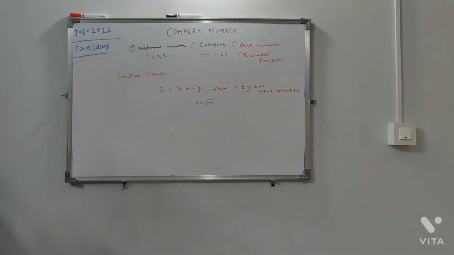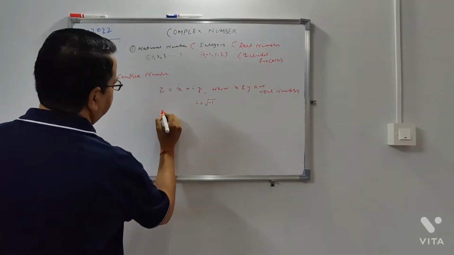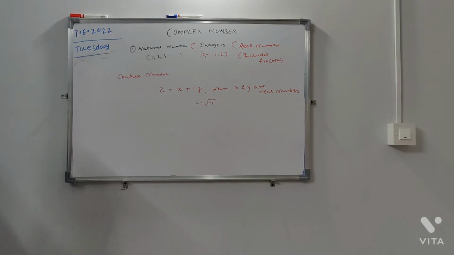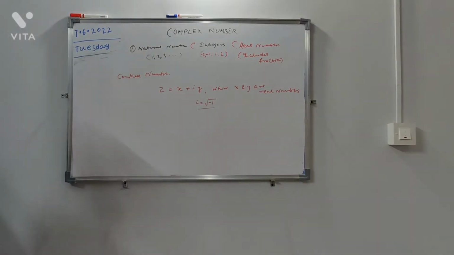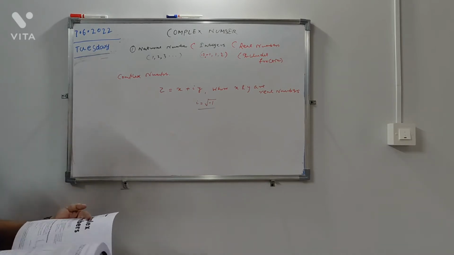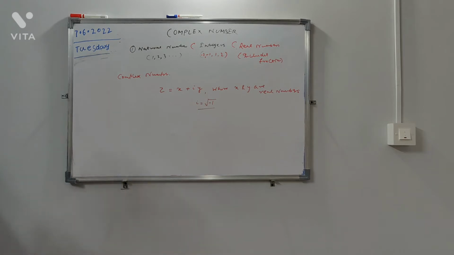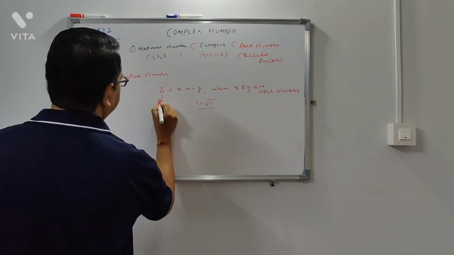We can find the square root of a positive number, but we cannot find the square root of a negative number. That's why this concept of complex numbers comes in. So i is equal to square root of minus 1, and this number z is called a complex number.